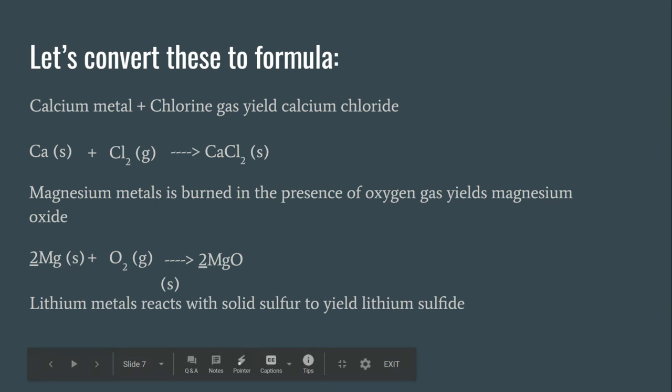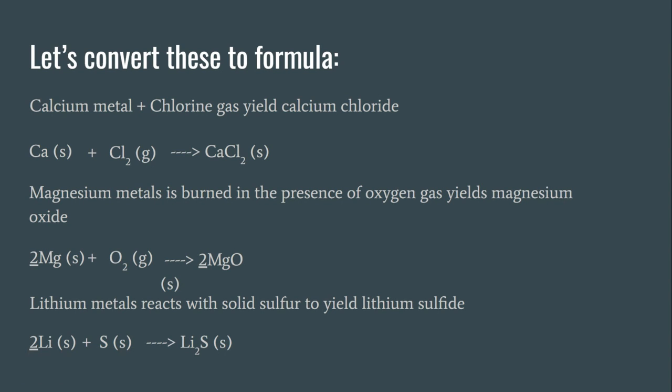Lithium metal reacts with solid sulfur to yield lithium sulfide. So Li plus S gives you Li2S. I would really encourage all of you to take out your periodic table when you write reaction equations, because you definitely need to use the charges.